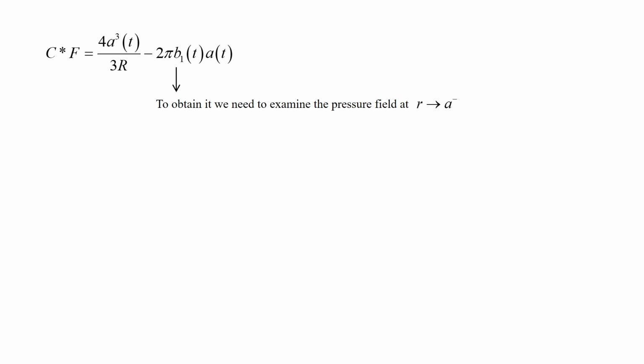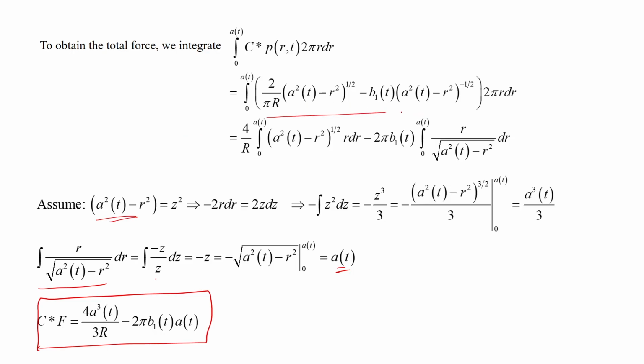So how do we find that out? We can find it by examining the pressure field at r tending to a. For that, the pressure field we have obtained earlier is given by this expression.